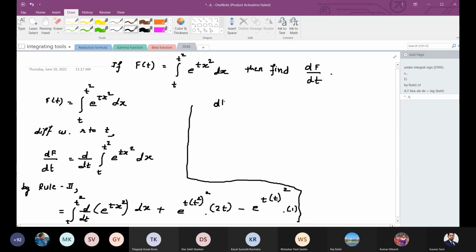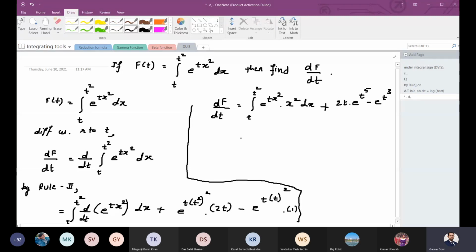So dF by dt is equal to integration t to t square, derivative with respect to t is e to the power tx square into x square dx, plus 2t into e to the power t raised to 5, minus e to the power t cube.